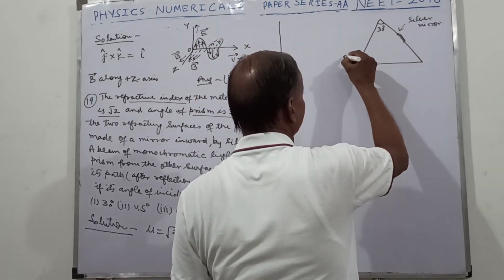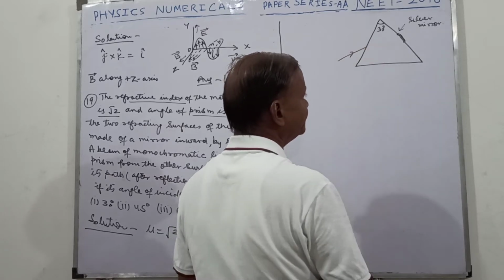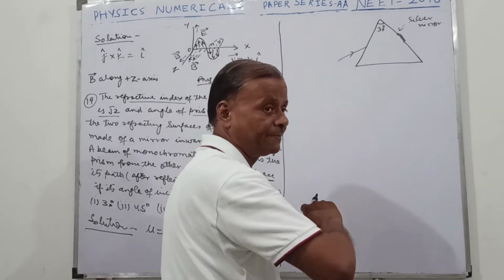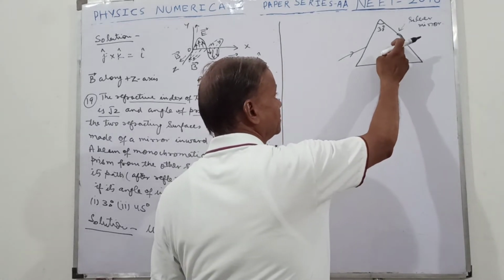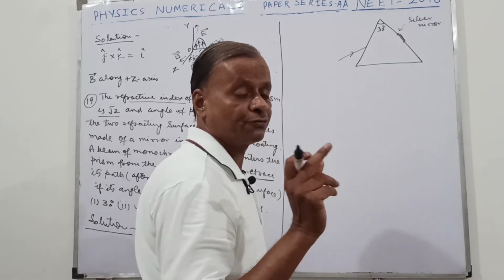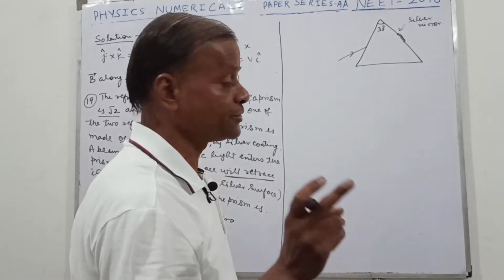Suppose this is the monochromatic light. It means that the direction the light goes here must be the principal axis of this mirror. And the principal axis, we know, is always perpendicular to the surface of the mirror.